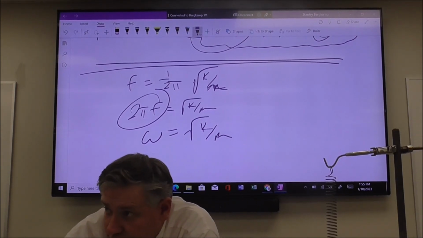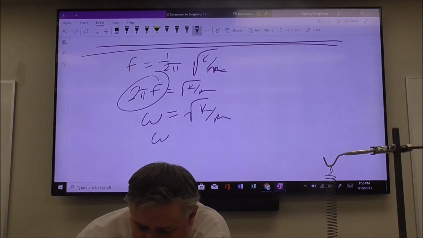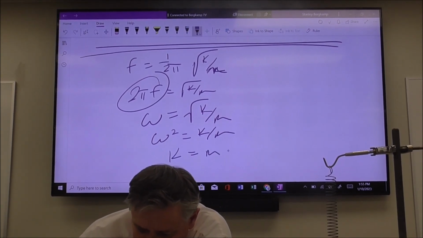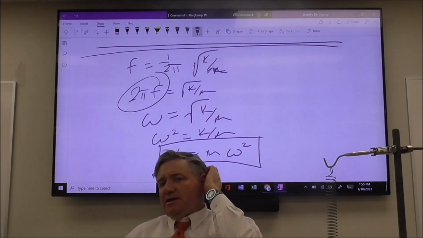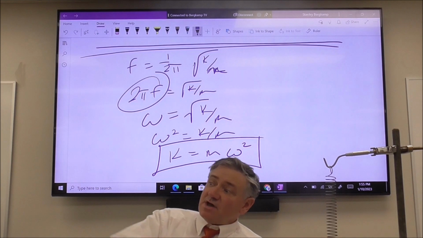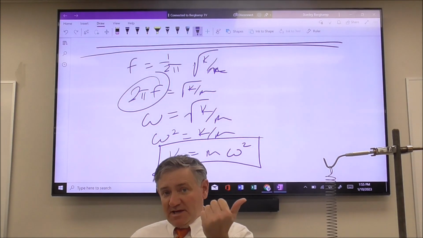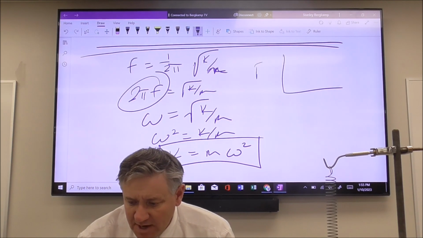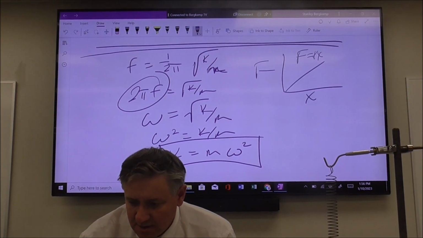Valid? Yes. So if I square both sides, I get omega squared equals k over m, so k equals m omega squared. This is another way to calculate k. When you look at how you can calculate k, you could set up a graph with force and elongation, F equals kx.